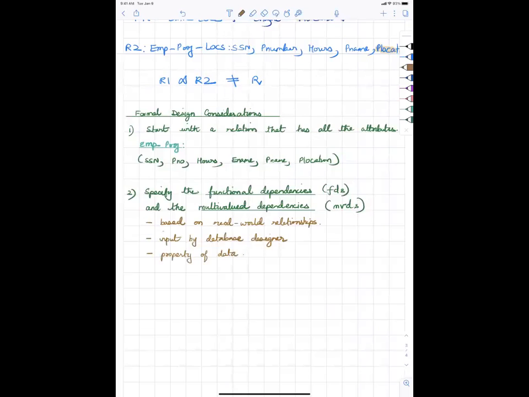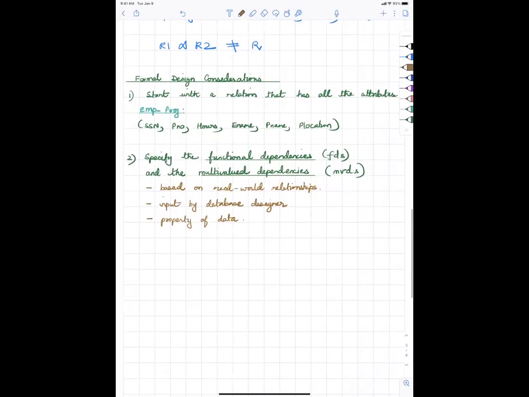And I don't know if I mentioned this in the early classes. I know that data in English is plural, but in database, when I say data, you use it in a singular manner, not as a plural. There are some things that are very trivial. For example, all of us know that if you know the social security number of a person, then you know the name of the person.